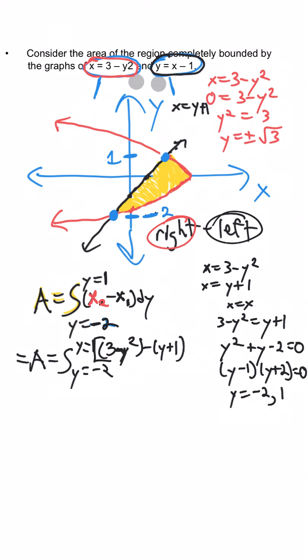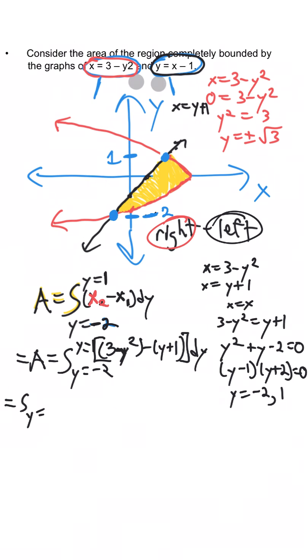Now the whole thing needs to be in brackets and then dy. So we've got y limits of integration, y integrand, and y differential, sorry. All right, let's rewrite this and then we should be good to go.